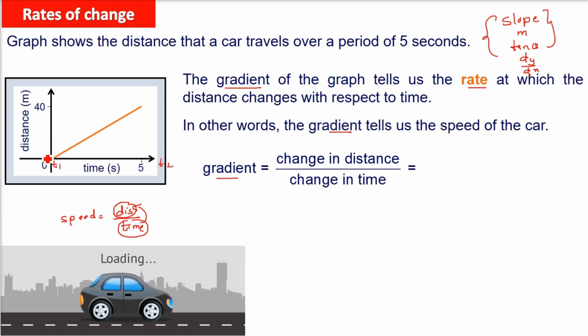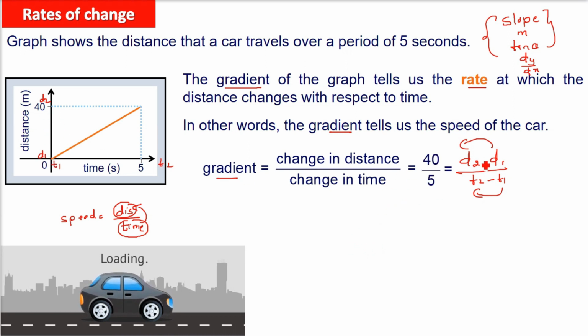For example, we have t1, t2 as the time duration. d1, d2 is the distance traveled in this time. So at t1 the distance was d1, at t2 the distance was d2. So the distance change is d2 minus d1, the time change is t2 minus t1. So the time change is related to the distance change, and the distance change is related to the time change.